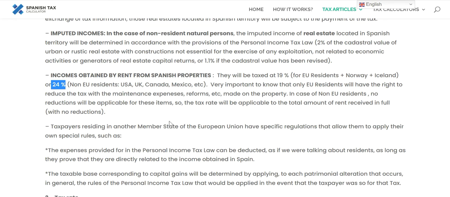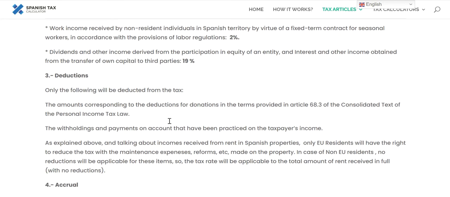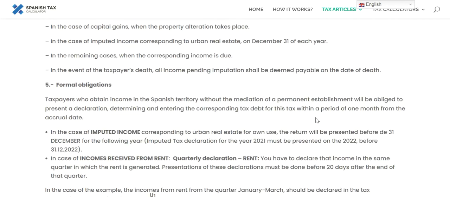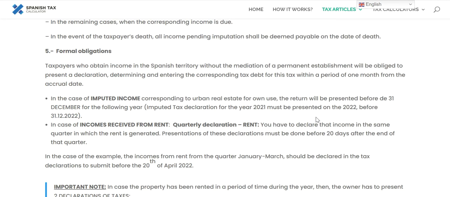We will see right now with an example with the calculator.